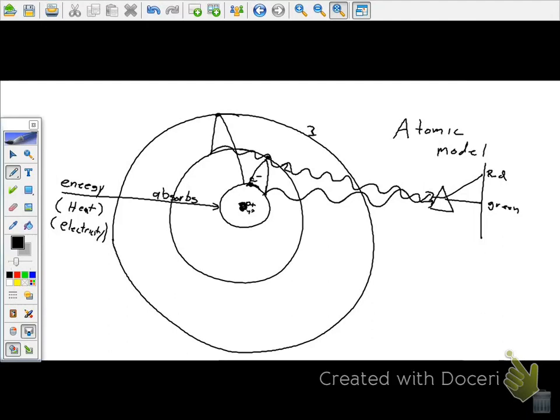Okay? So then, let's say that we have that same electron in another atom. This would be like multiple atoms. It goes up here, and then it drops down here, all in one swoop, eventually. So what kind of wavelength is that going to be? Shorter yet, right? Okay.